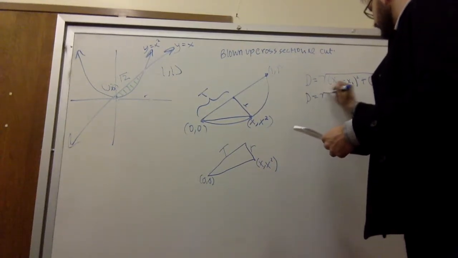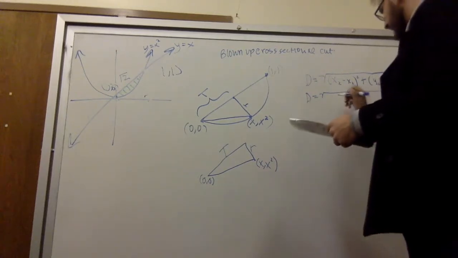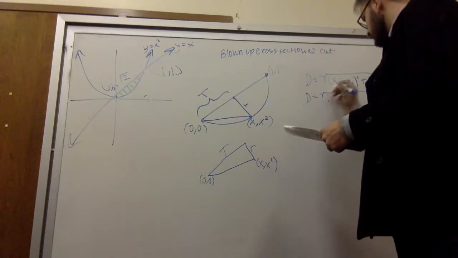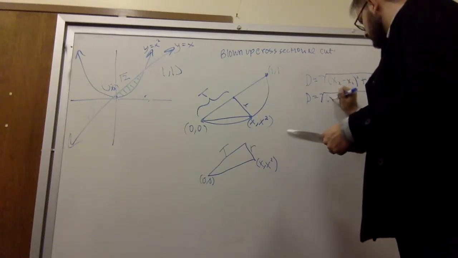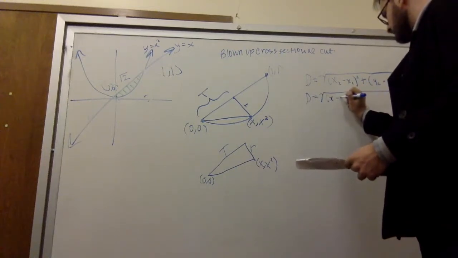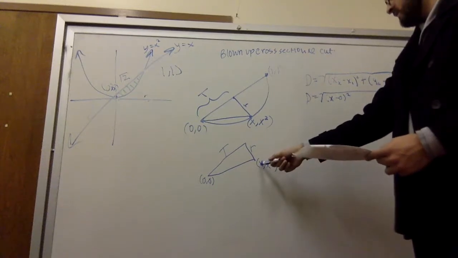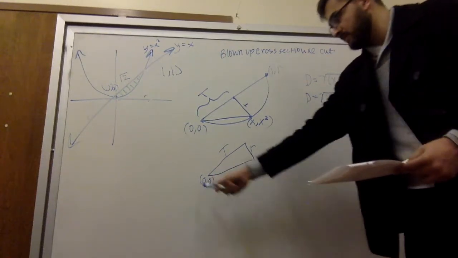Now if we look at what we have, our d is equal to the square root of our x sub 2, which will be x, minus our x sub 1, which will be 0, all squared, because our x2 is here, which is x, and our x1 is 0.